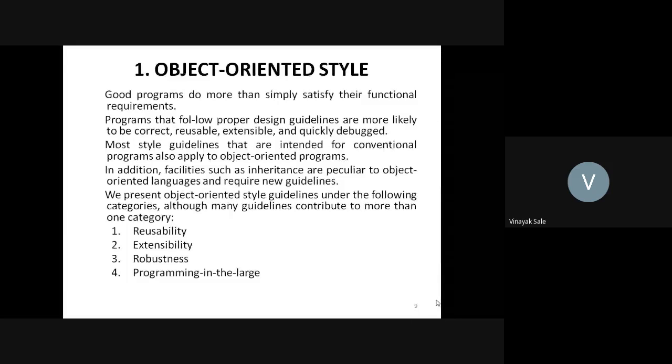Now, object-oriented style. Good programmers do more than simply satisfy their functional requirements. Programs that follow proper design guidelines are more likely to be correct, reusable, extensible, and quickly debugged.